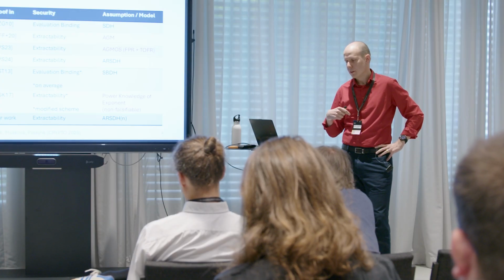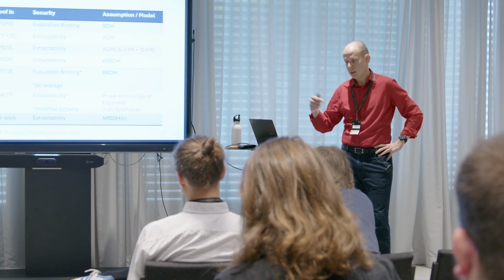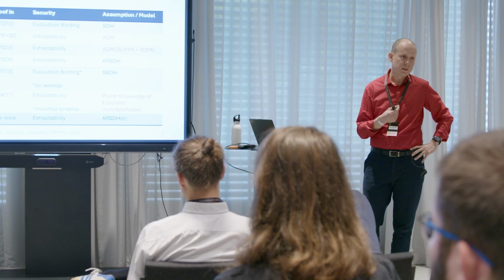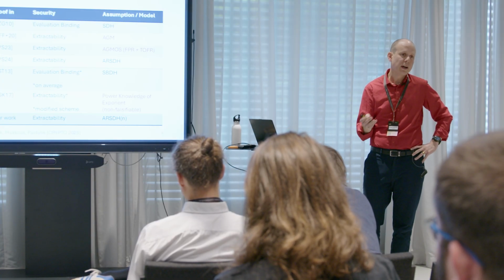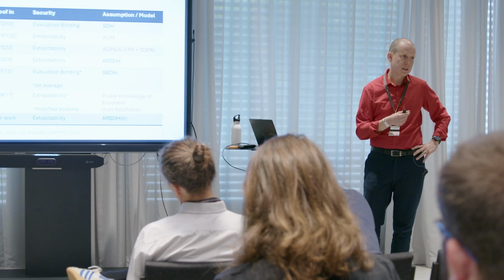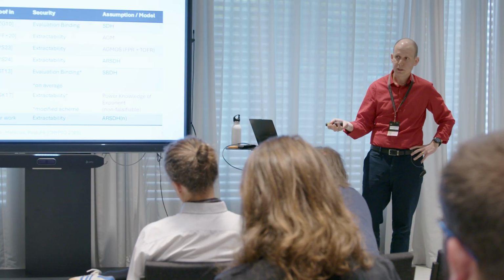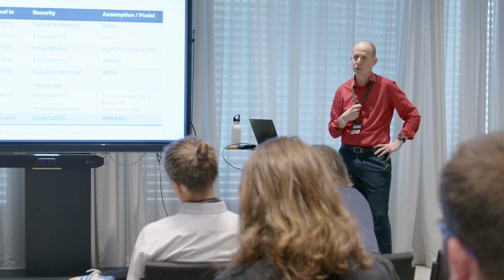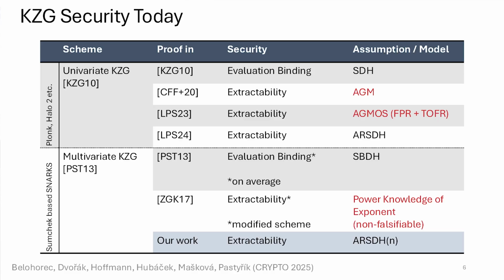So this univariate KZG is used in practice, for example, for Plonk. It's used for Halo 2. We have another class of proof systems that rely on multivariate or multilinear polynomials, like these sum-check-based approaches like Spartan and many others. For that, you would need a polynomial commitment scheme that supports evaluations of multilinear polynomials.